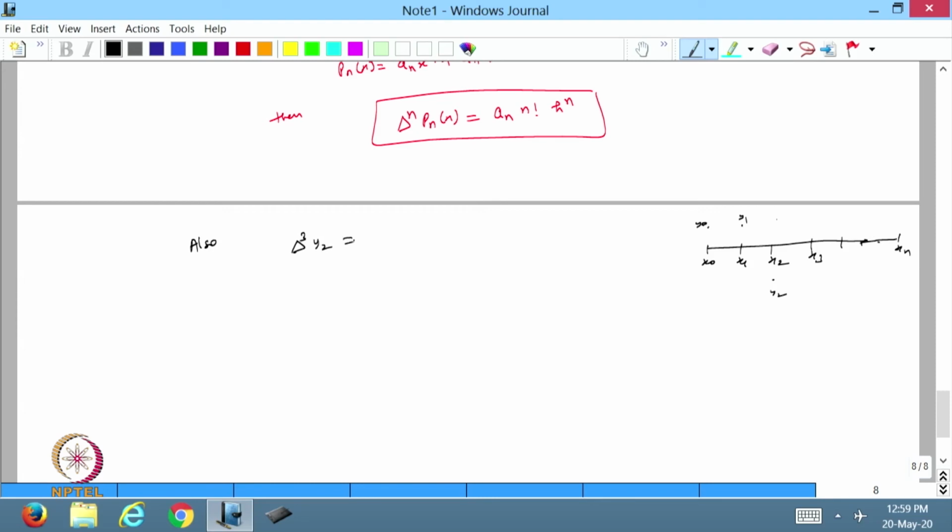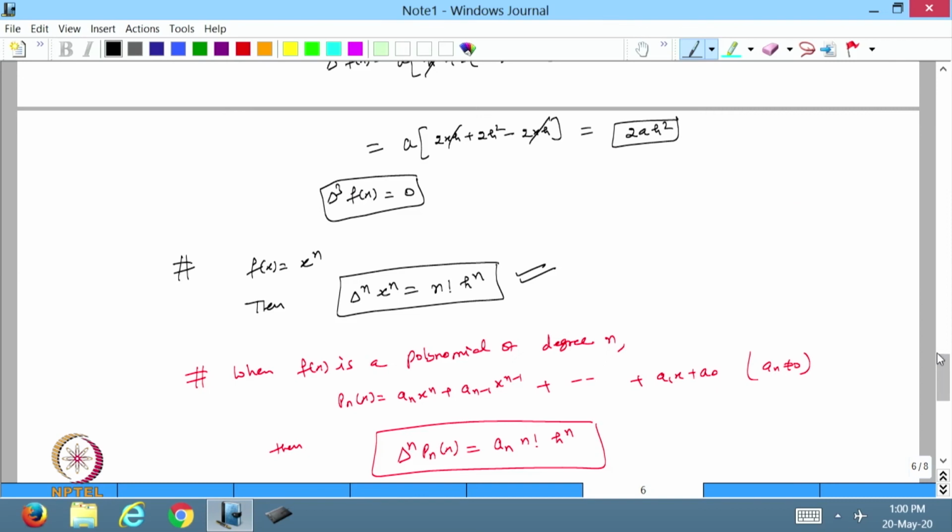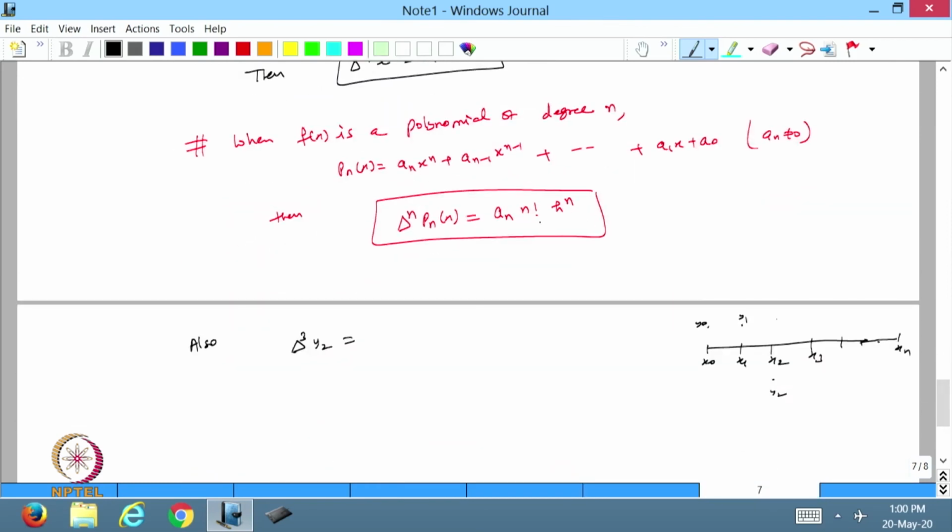Now, in this case you can see that the third forward operator is applied on the value of the function at the point x_2. It is not applied to a function like a polynomial of nth degree like we have discussed. I am applying this only at the discrete values.